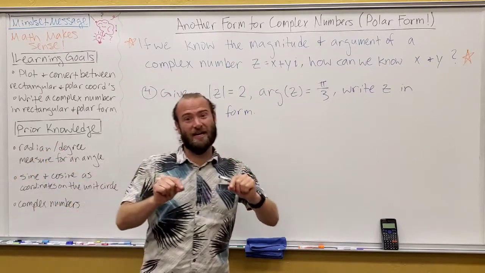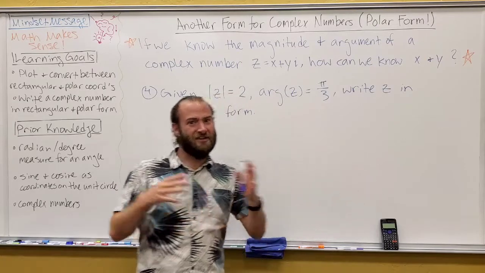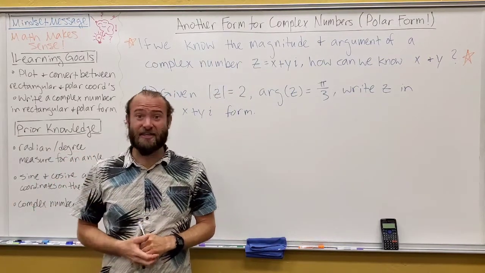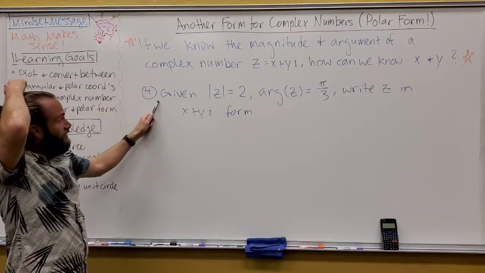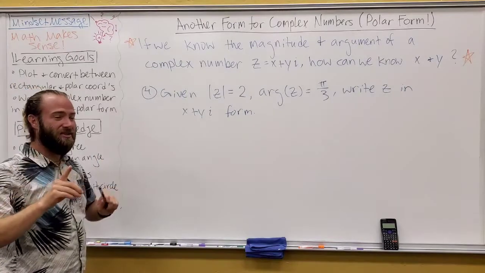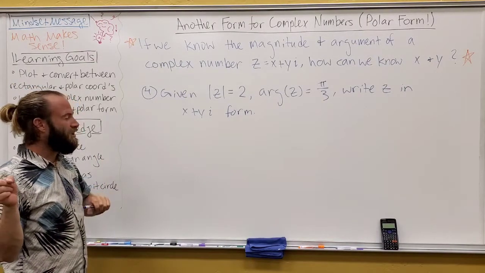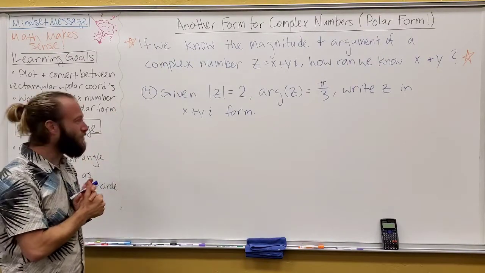If I know the magnitude and I know the argument, or the angle, can I figure out the coordinates of that specific complex number? And the answer is, of course, yes. So, I want you to actually try to tackle this because our previous examples we left off in part 1 are really the same thing as this, just hidden in a different format, right?